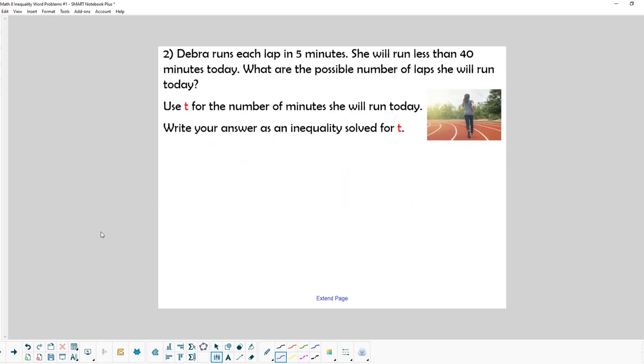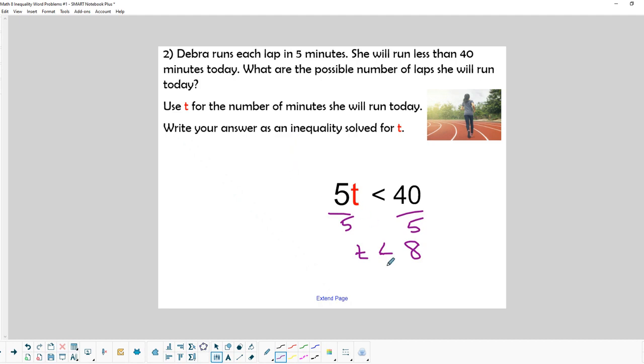Okay, Deborah runs each lap in 5 minutes. She will run less than 40 minutes today. It takes 5 minutes per lap, and t is the number of laps, so we write 5t less than 40. To find out, we divide by 5, and we end up with t is less than 8.